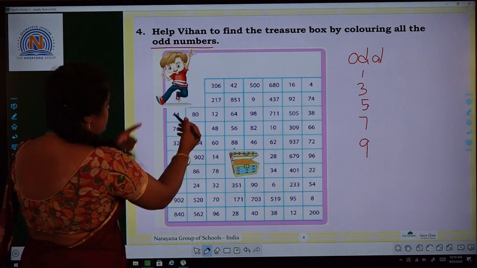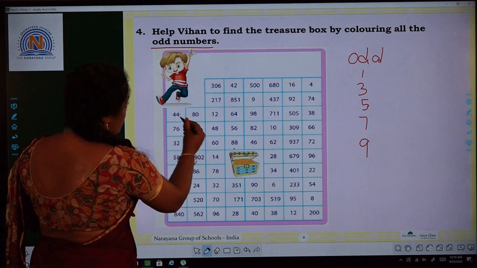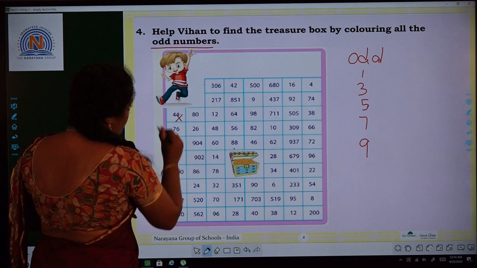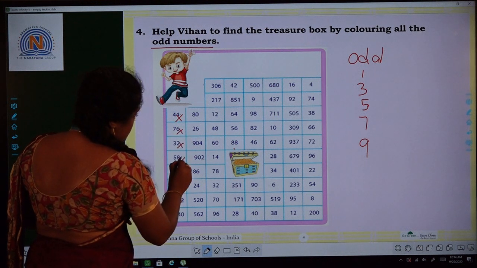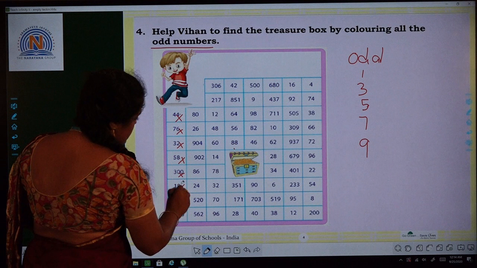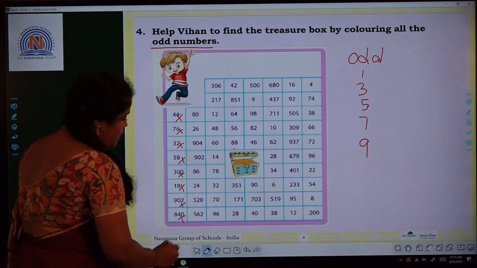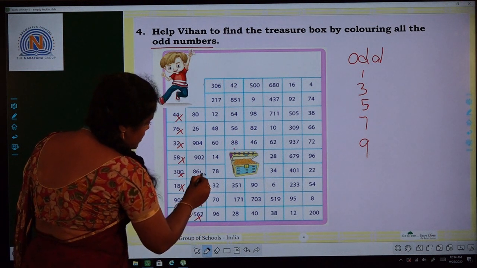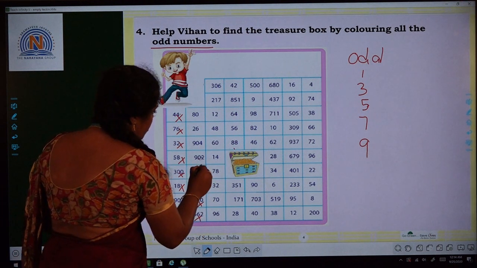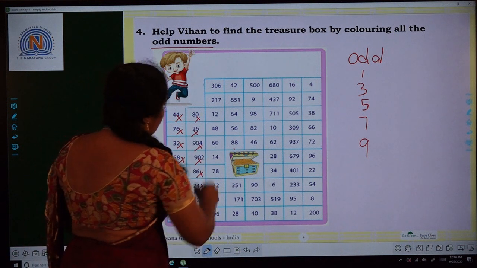So we have to see the ones place of all the numbers. 44, 4 is not an odd number. This one is also not an odd number. 2, 8, 0, 8. See the ones place only. Next. Here 2, 0, 4, 6. It is not an odd number. Next, moving on here.